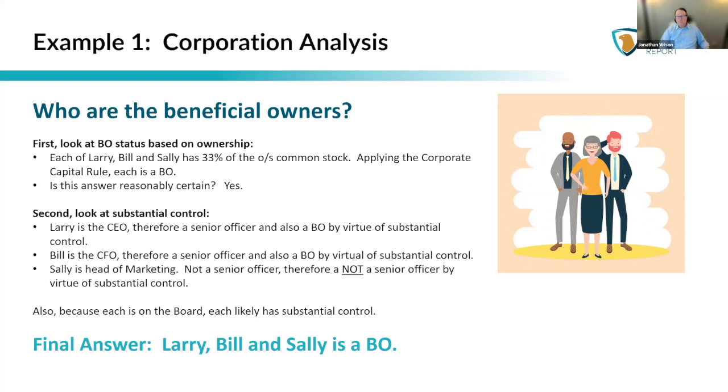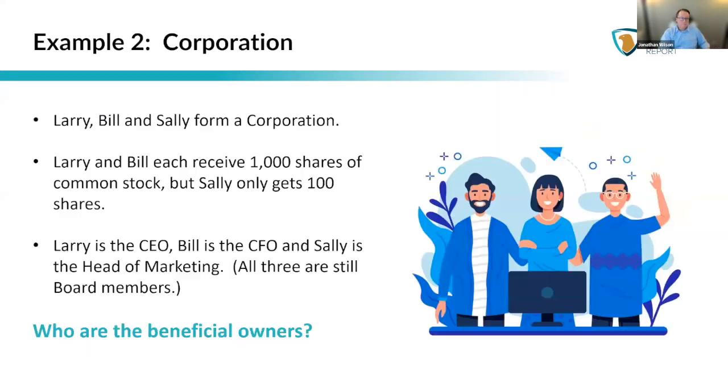Sally is not a senior officer, so those two would come on the list just by virtue of their officer roles. But in addition, all three of them are on the board of directors. And for that reason, I think they all have substantial influence over important decisions and would also be beneficial owners by virtue of the substantial control test. So my final answer is all three of them are beneficial owners.